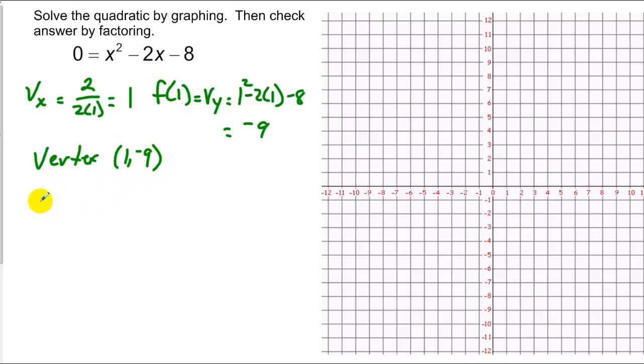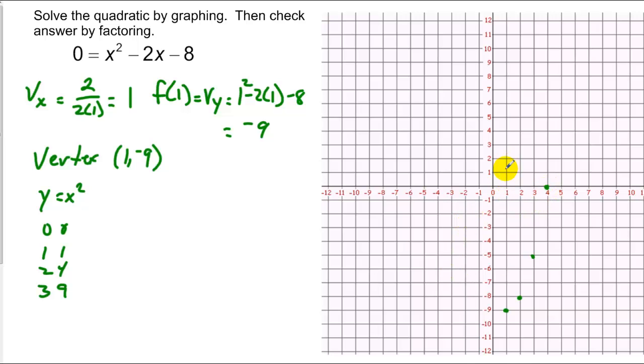I also know that I have a parent function of y equals x squared, which goes 0, 0, 1, 1, 2, 4, 3, and 9. So moving over 1 and down 9 puts me here. Then if I move 1 over and 1 up, I get a point, 2 over and 4 up, I get a point, and 3 over and 9 up, I also get a point.